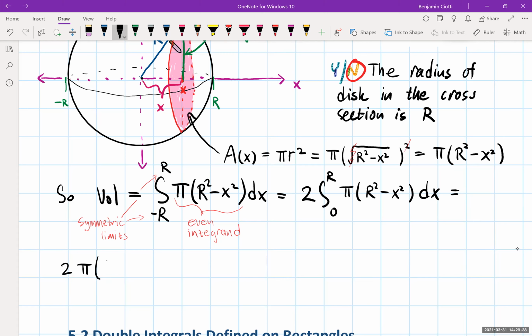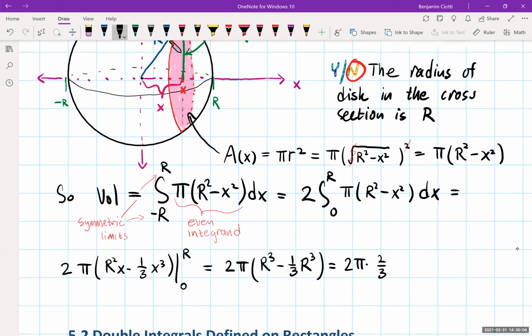So that'll be 2 pi times R squared x minus 1/3 x cubed, evaluated from 0 to R, which is 2 pi times R cubed minus 1/3 R cubed, which is 2 pi times 2/3 R cubed, or 4/3 pi R cubed, the familiar sphere volume formula.